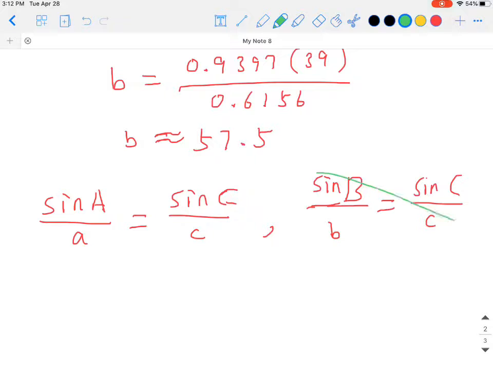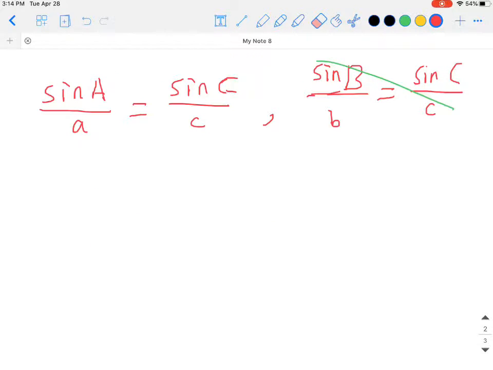For convenience, let's just stick to the first one, the combo of side and angle.